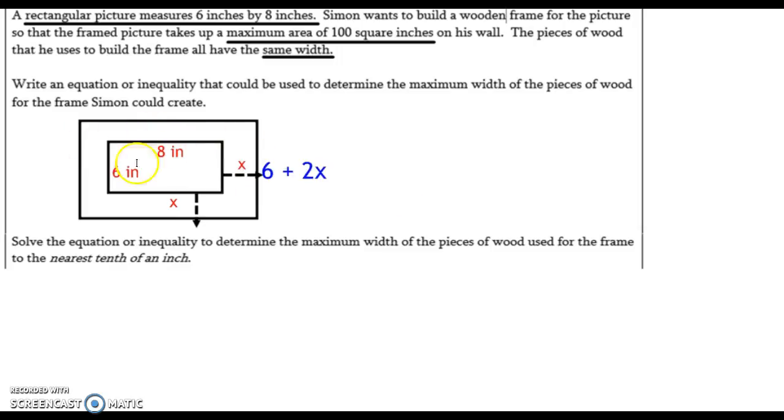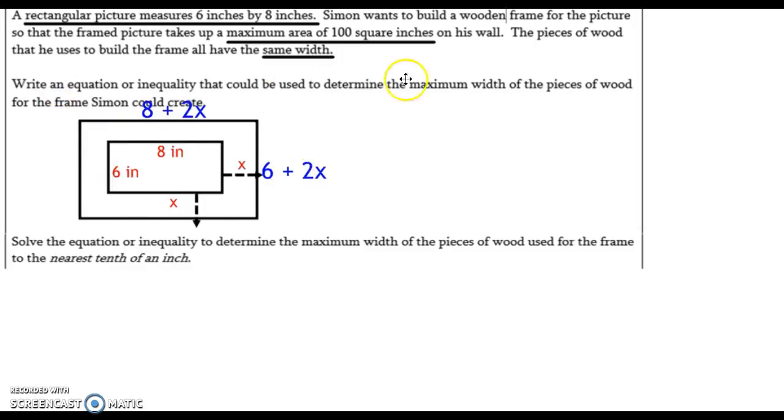And similarly for the length, it's not just going to be 8, it's going to be 8 plus 2x. And it's those two x's again because we're combining the 8 and then this x, which is part of the frame, and then this x, which is also part of the frame. So we have our diagram.